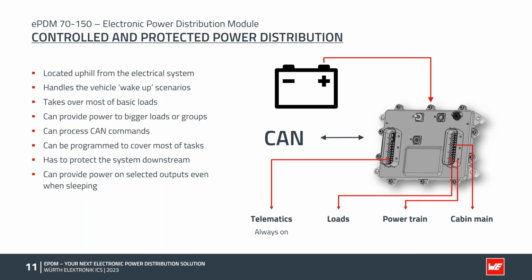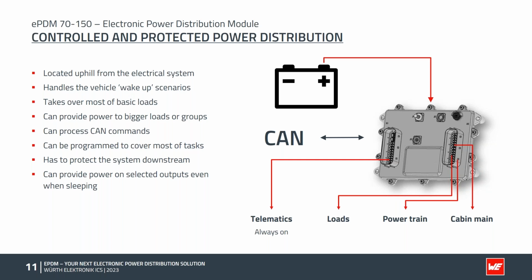I will come back to the topic a little bit later, but this device also provides so-called always-on outputs. So its outputs are activated even if the device is in sleep mode, capable of providing energy to different types of loads. We rely on the hardware protection of the SmartFET to protect the whole system.